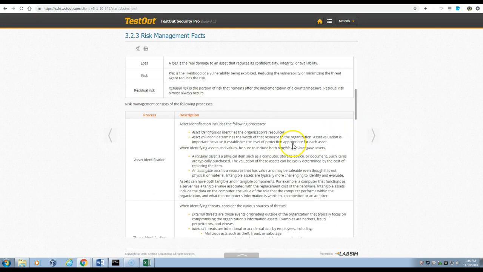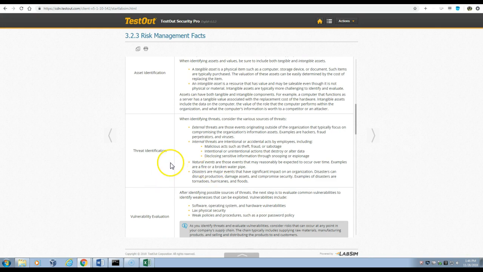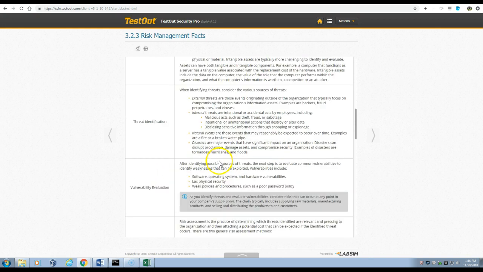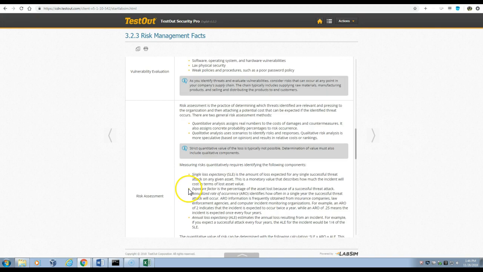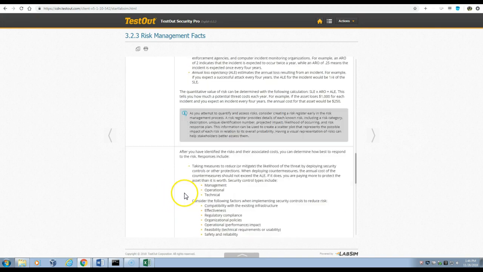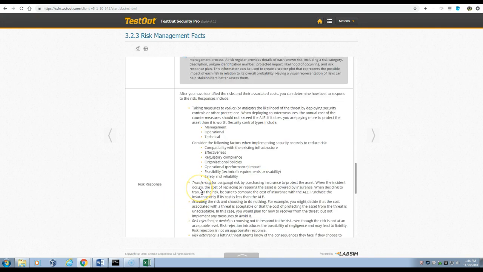Risk assessment is part of risk management because, as mentioned previously, risk management consists of asset identification, threat identification, vulnerability evaluation, risk assessment, and how you want to respond to the risk, how you mitigate the risk.